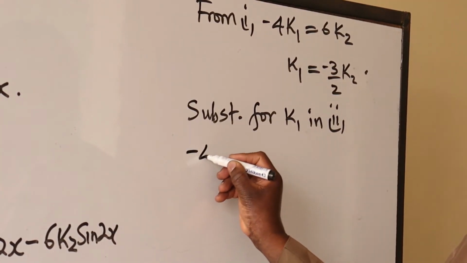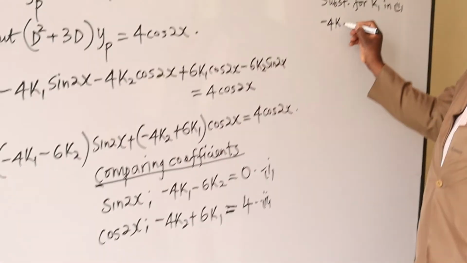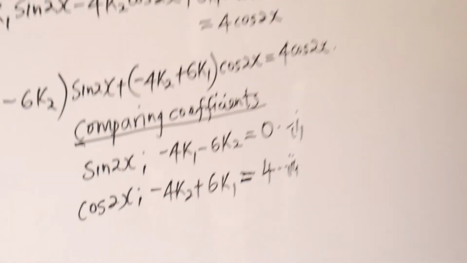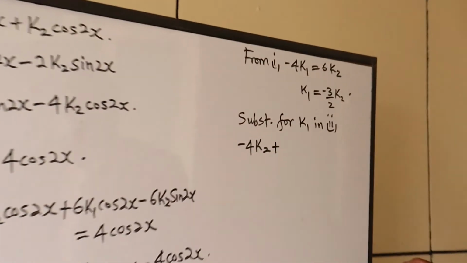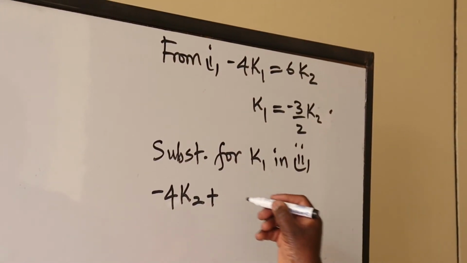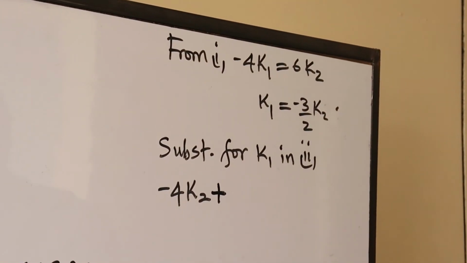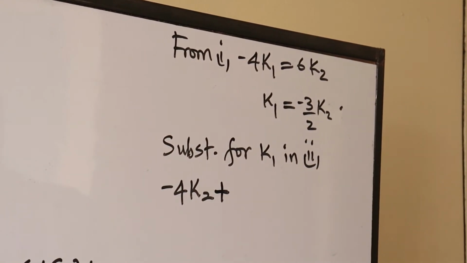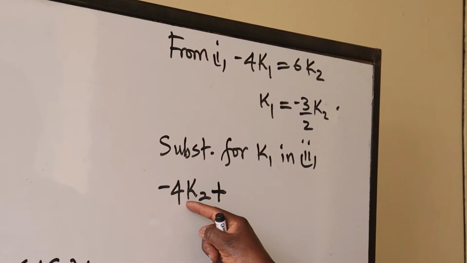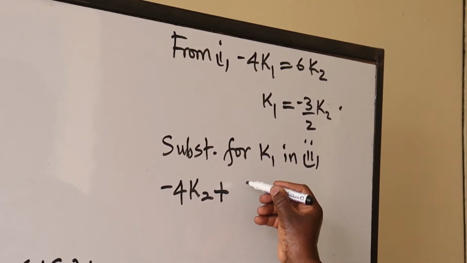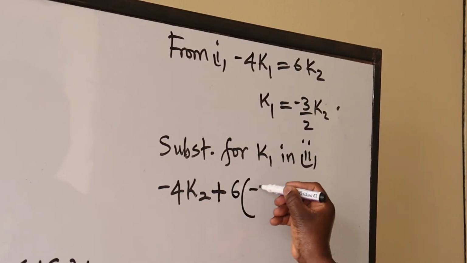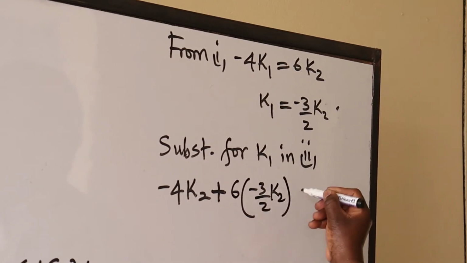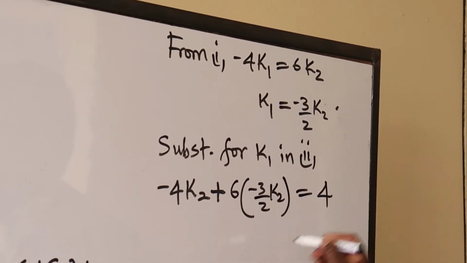We get minus 4k2 plus 6k1, so 6 into minus 3 all over 2 k2, and this is what should be equated to 4.